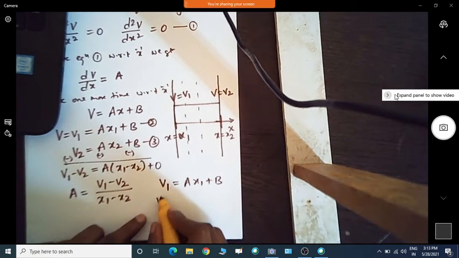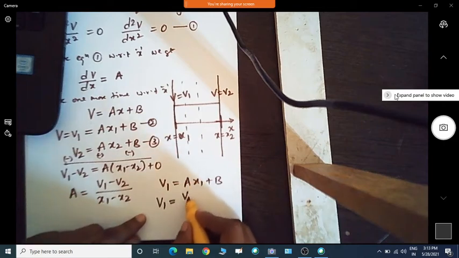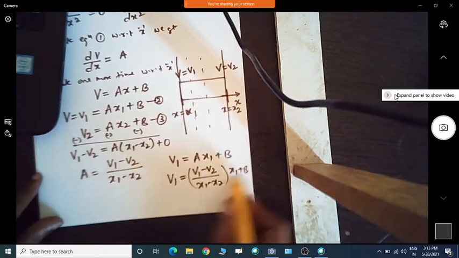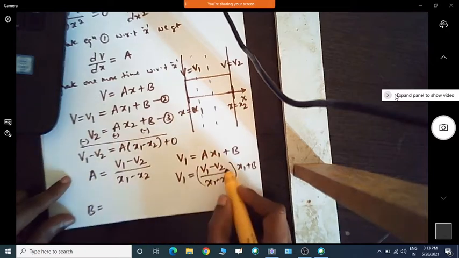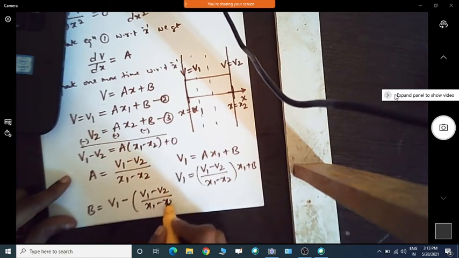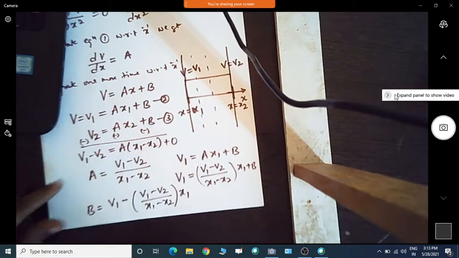So v1 equals v1 minus v2 divided by x1 minus x2, into x1, plus b. Now if I take this to the other side, b equals v1 minus (v1 minus v2) divided by (x1 minus x2) into x1.